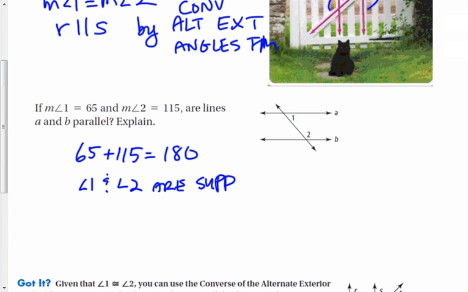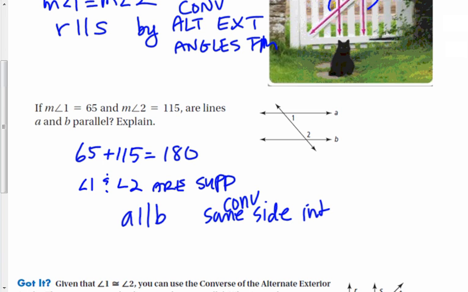And we also can see that they are same side interior angles. So we can say that A is parallel to B, and that's by the, I keep forgetting converse, converse of the same side interior angles theorem. All right, you try that.